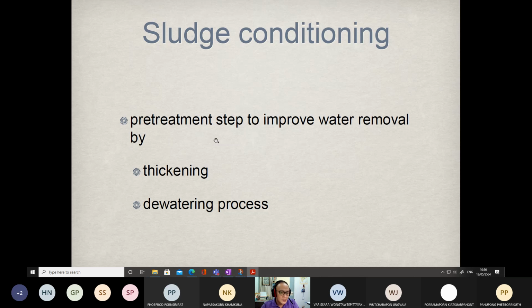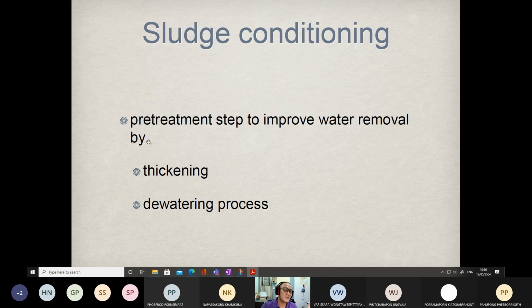Sometimes we conduct it before the sludge thickening, but mostly this conditioning process is done before the dewatering process, or in between thickening and dewatering.